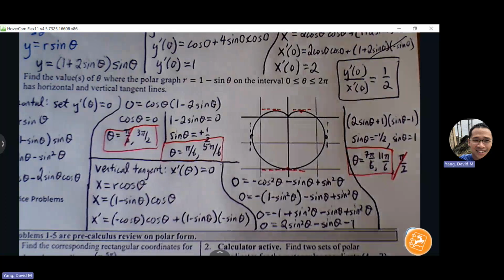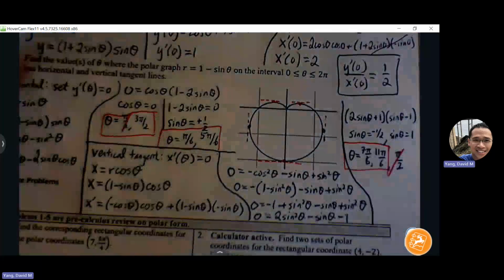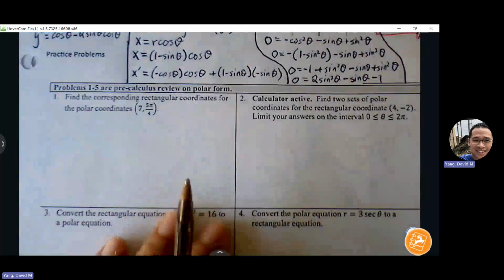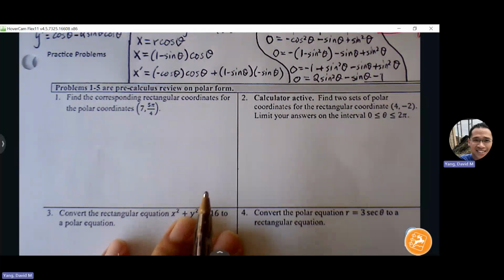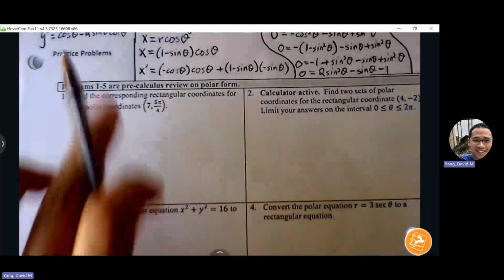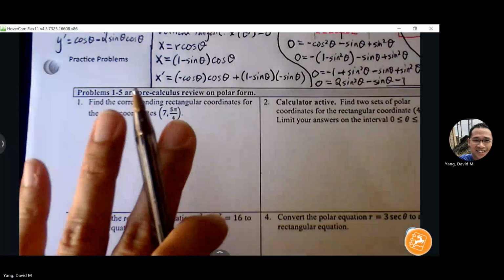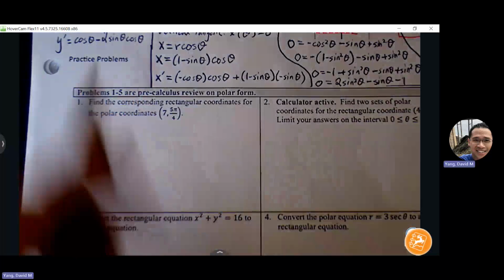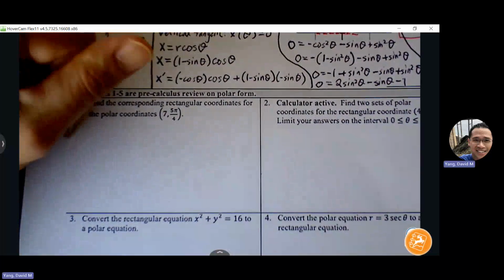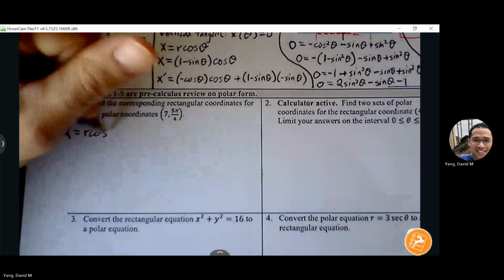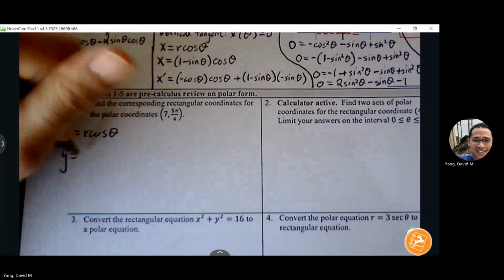All right, so 1 through 5 are review here, or pre-calc review here. Number 1 says find the corresponding rectangular coordinates for the polar coordinate 7, 5 pi over 4. Let's think back on our conversion formulas here.